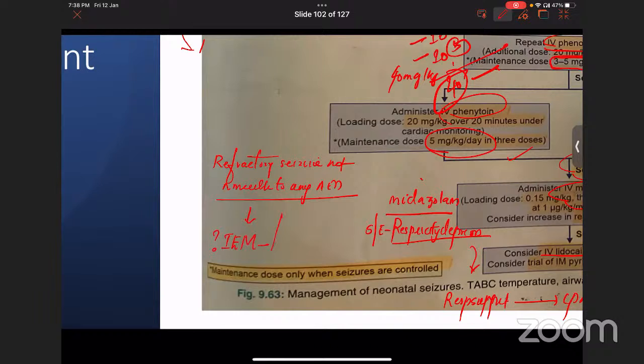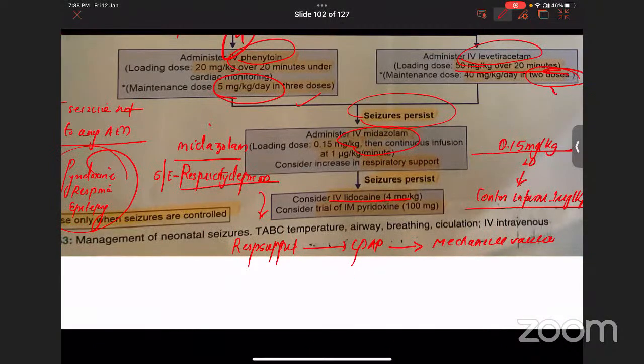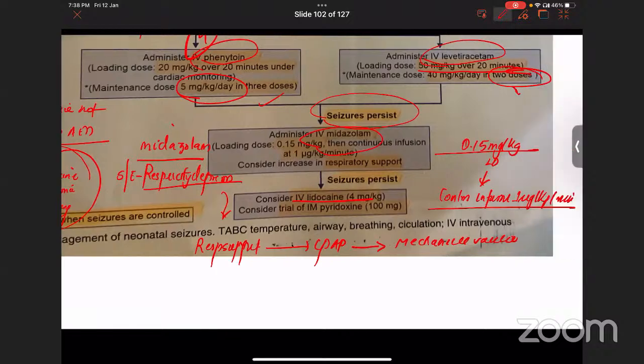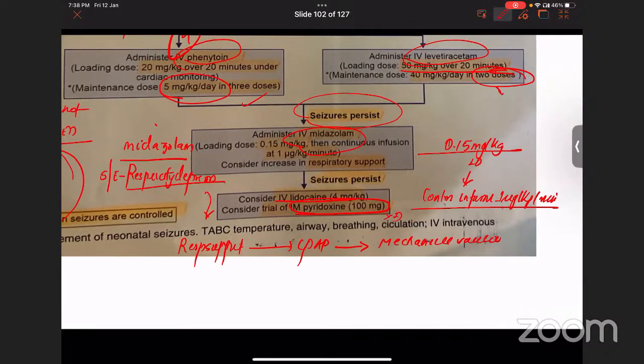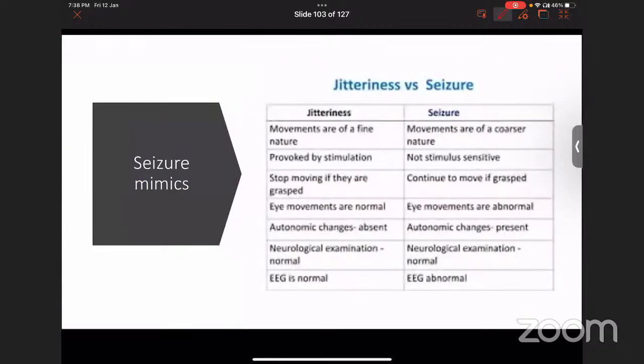The most common IEM causing this is pyridoxine responsive epilepsy or seizure. Here, we give a trial of IM pyridoxine 100 mg for 4 to 5 days, and we will see the response. So this is the management.